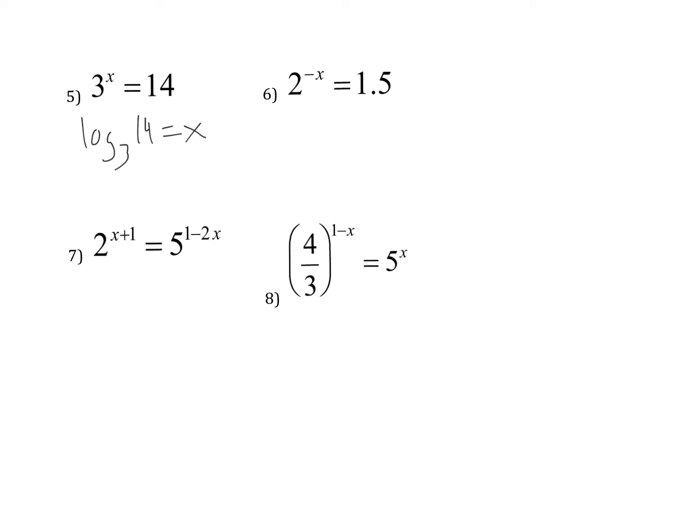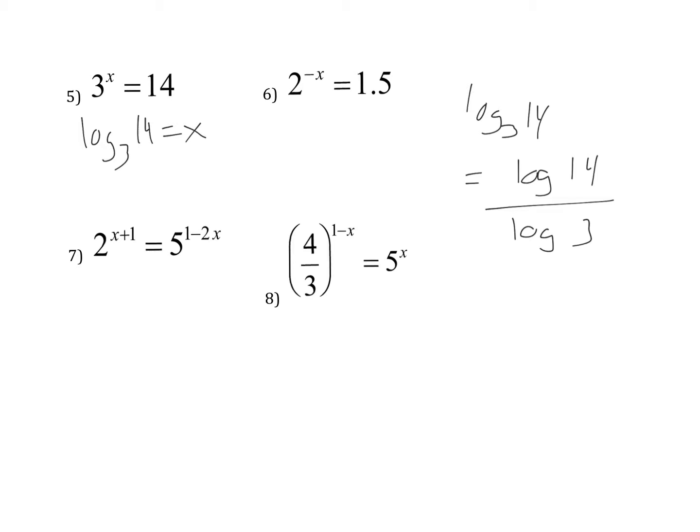And I'm done. I could use the change of base formula to plug into my calculator log base 3 of 14 and figure out what that is. If we don't remember, the change of base formula says that log base 3 of 14 is the same as log of any base I want, 14, over log of that same base of 3.